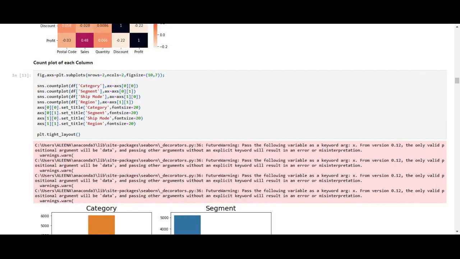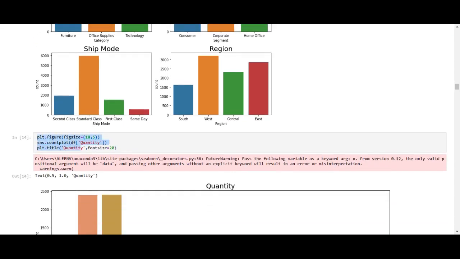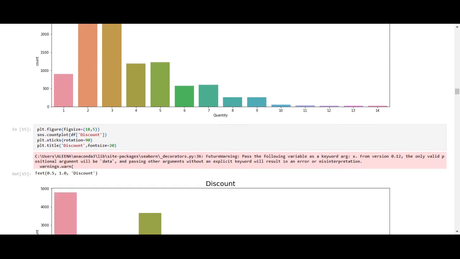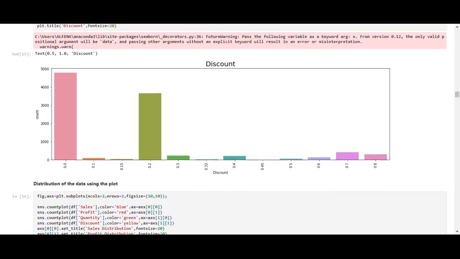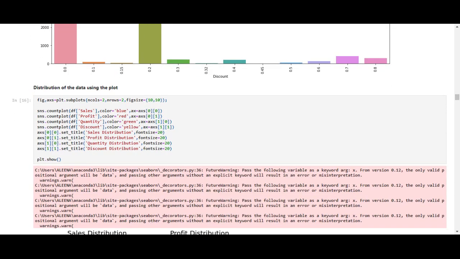Next, I have plotted a count plot for both the quantity and discount columns.